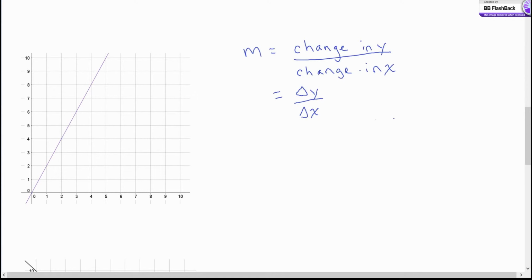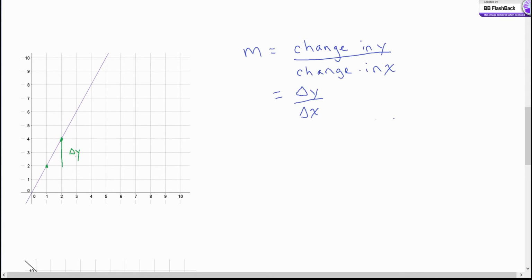So we can look at the graph and let's pick a couple of points to work from. We can pick any 2 points on the graph at all, but it's helpful if you can find points that go through a whole number, a square on the corner of the grid. It is very helpful. And we are going to look at the change in y values.